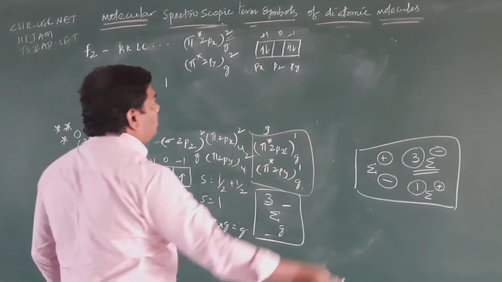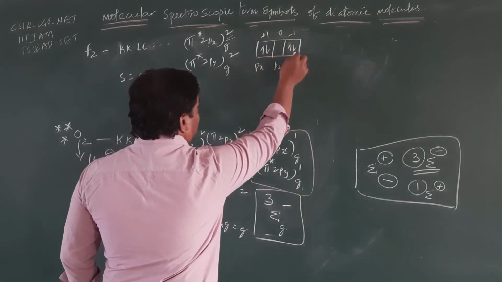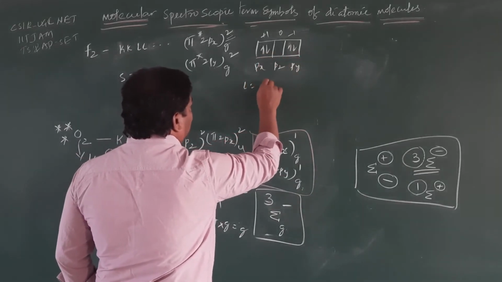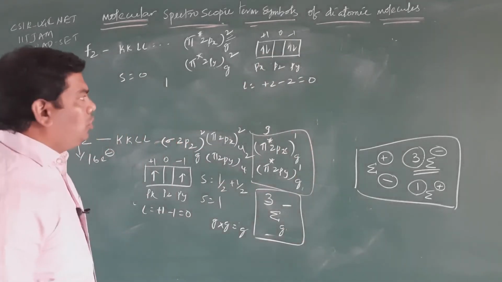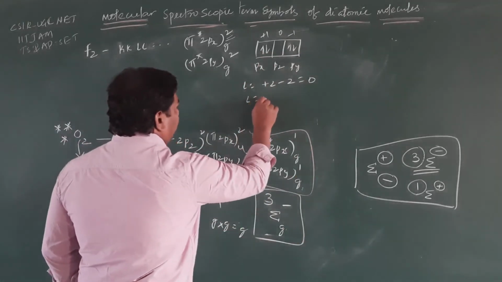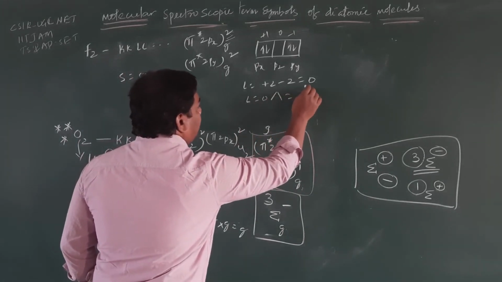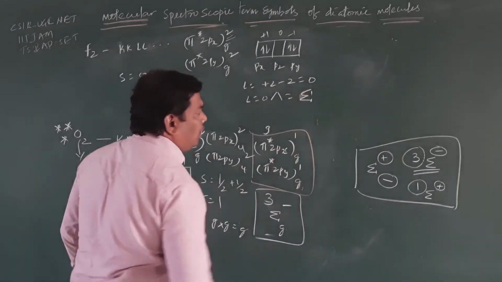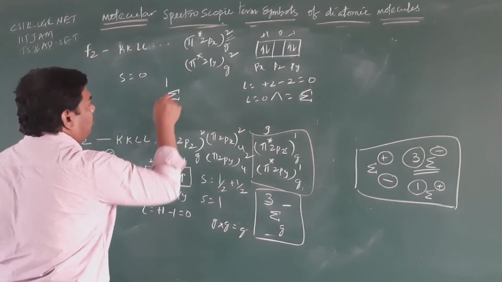Next we will move to the term symbol. You can see plus 1 plus 1 plus 2, minus 1 minus 1 minus 2, so L is equal to plus 2 minus 2, that is equal to 0. If L value is equal to 0, then lambda is sigma. So I will write sigma.